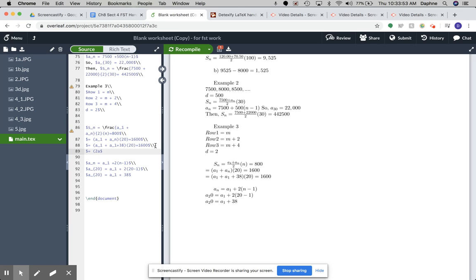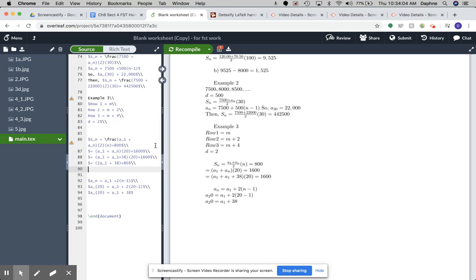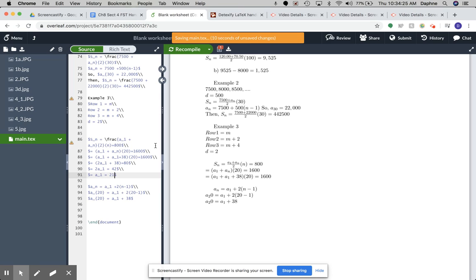2 a sub 1 plus 38, and then I can divide by 20, so 1600 divided by 20, which will just be 80, and then I can subtract 38, so that will be equal to 2 a sub 1, and 80 minus 38 is 50 minus 8, which is 42, and then I can divide by 2, and that will give me a sub 1 equals 21.